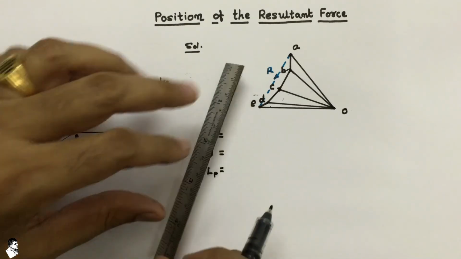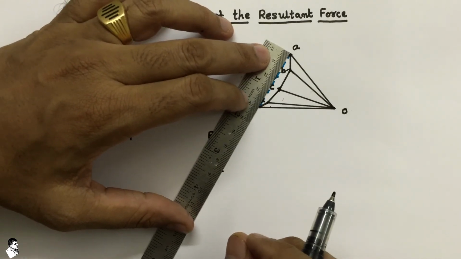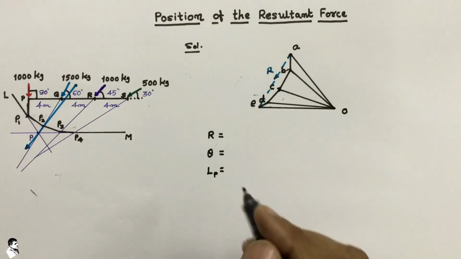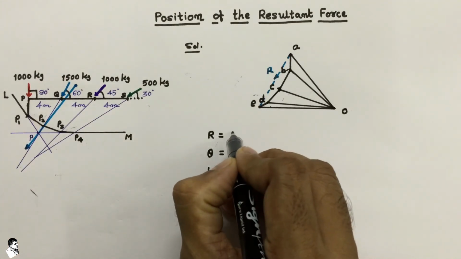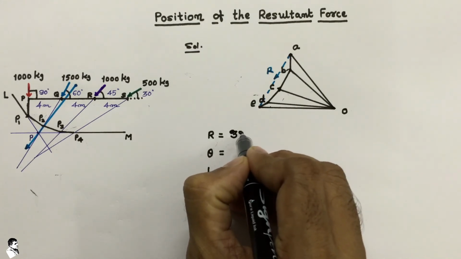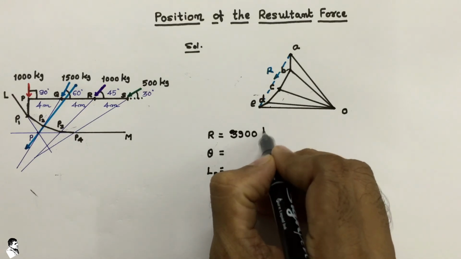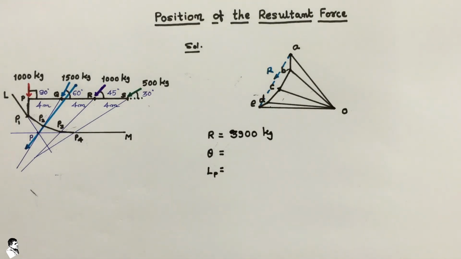The overall dimension is 3.9, so the resultant value is 3900 kg. This is the value of the resultant magnitude.